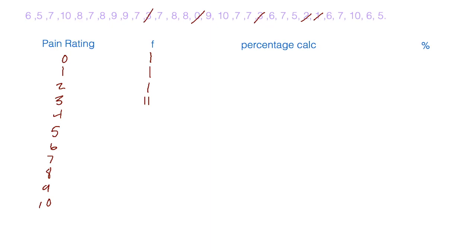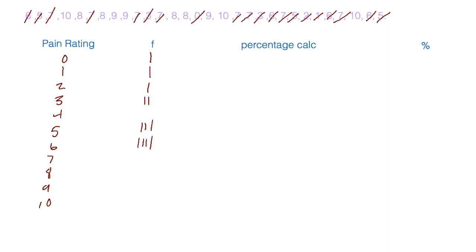And we have, let's see, 1, 2, 3 5s. Moving on to 6s, we have 1, 2, 3, 4. And we have 7s. 1, 2, 3, 4, 5, 6, 7, 8.